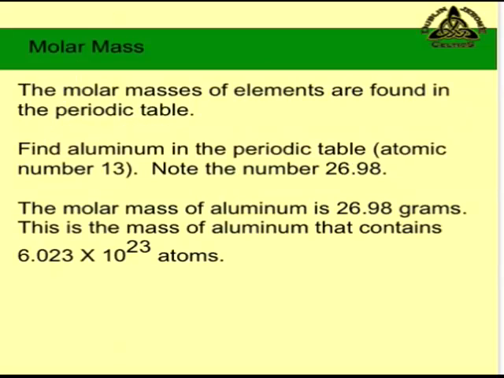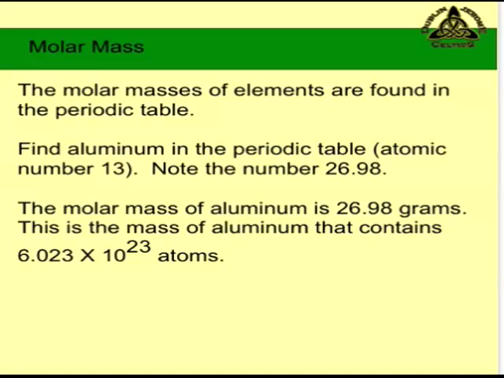The molar masses of elements are found in the periodic table. If you find aluminum in the periodic table, it's number 13. Note the number 26.98 in the box with the Al. That number, 26.98, is the molar mass of aluminum.